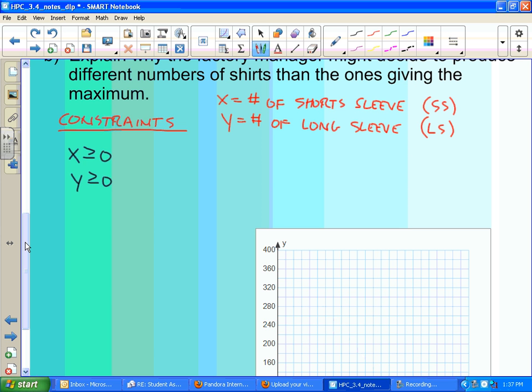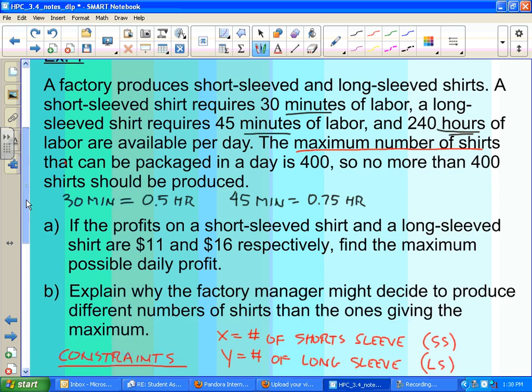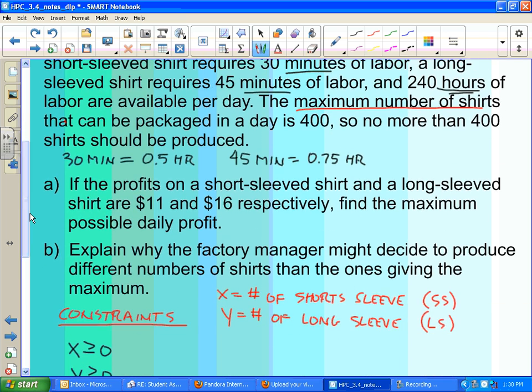This one, we will use the information given to us regarding the whole time thing. Who thinks they have it? Tell me what that inequality is. Is it X less than or equal to 400? Oh, you're close. That's part of one of the constraints, but that's not quite it.